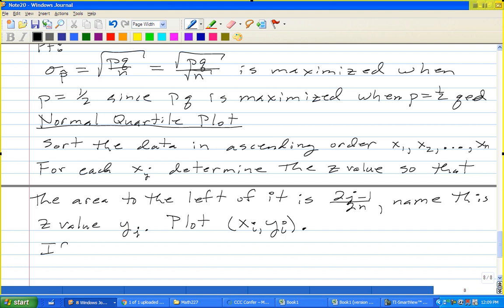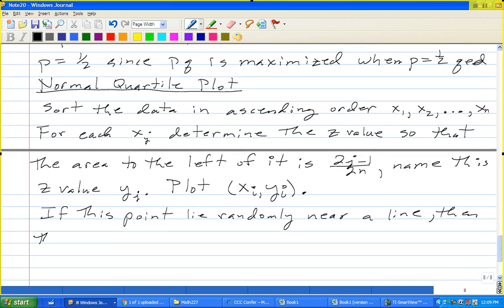Okay, so if these points lie randomly near a line, then the data came from a normal distribution.